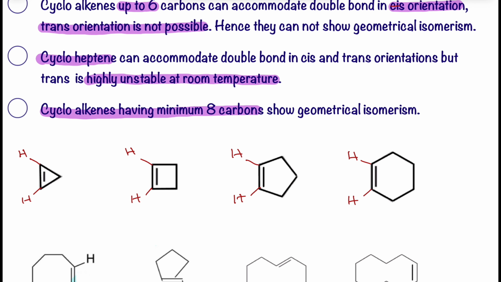If you are saying it is a geometrical center, it has to have a cis form and a trans form, but they are having only cis configuration. Trans configuration is not possible, that is highly unstable. Therefore, for cyclopropene, cyclobutene, cyclopentene, cyclohexene, cycloheptene, we have to simply say geometrical isomerism is not possible.